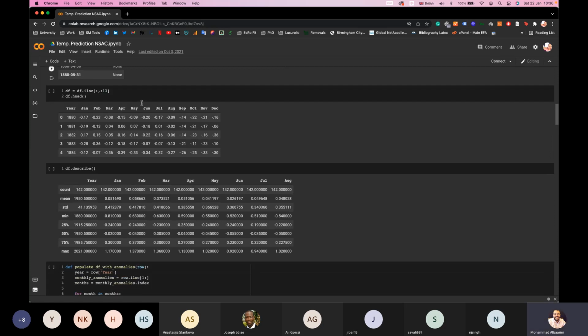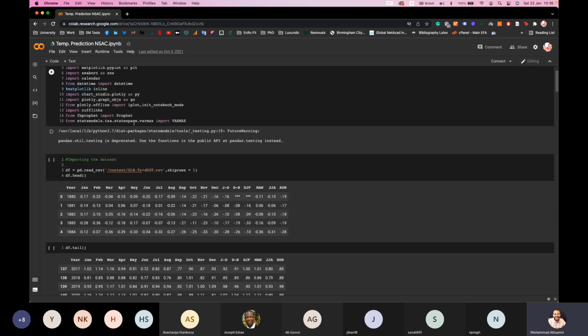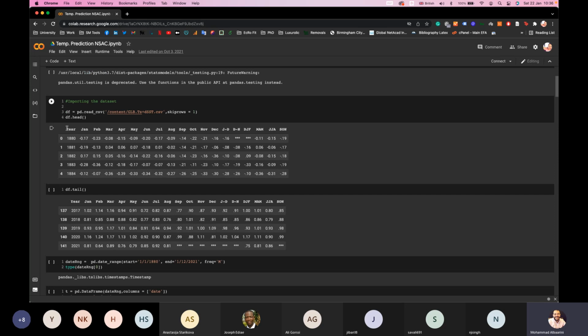So I have a set of data in there. This is a part of my data. For example, it tells me from 1880 what the weather was like in January, February, and so on over time.